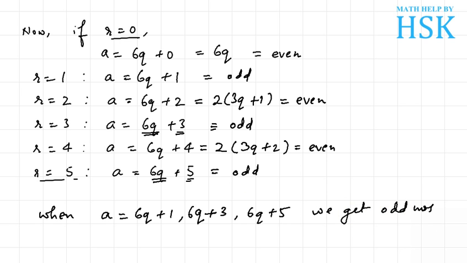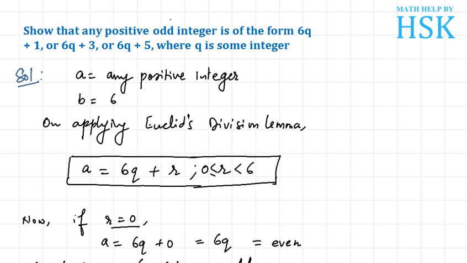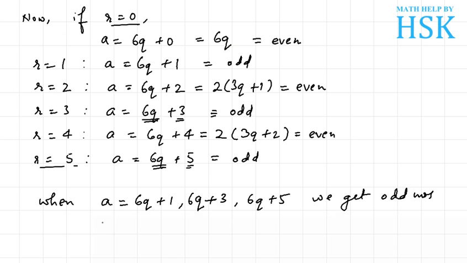Okay. So in the question we were given to prove that any positive odd integer is in the form of 6q plus 1, 6q plus 3, 6q plus 5. When we have taken all the positive numbers, we get 6q plus 1, 6q plus 3 and 6q plus 5 as odd numbers. They represent all the possible odd numbers.